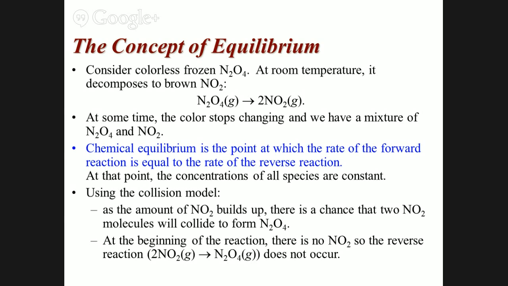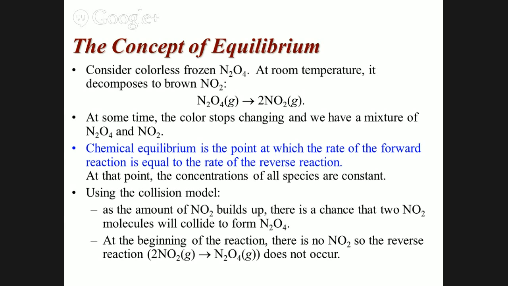And as you'll see later on, we'll actually start putting in double arrows to show that it's both forward and reverse. But when those two reaction rates are equal, then we say, again, it's at equilibrium and all the concentrations, both the products and the reactants, stay constant.